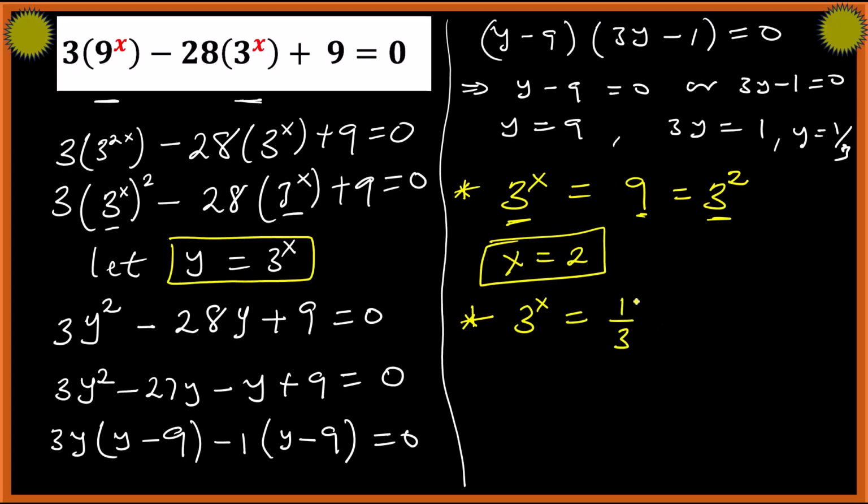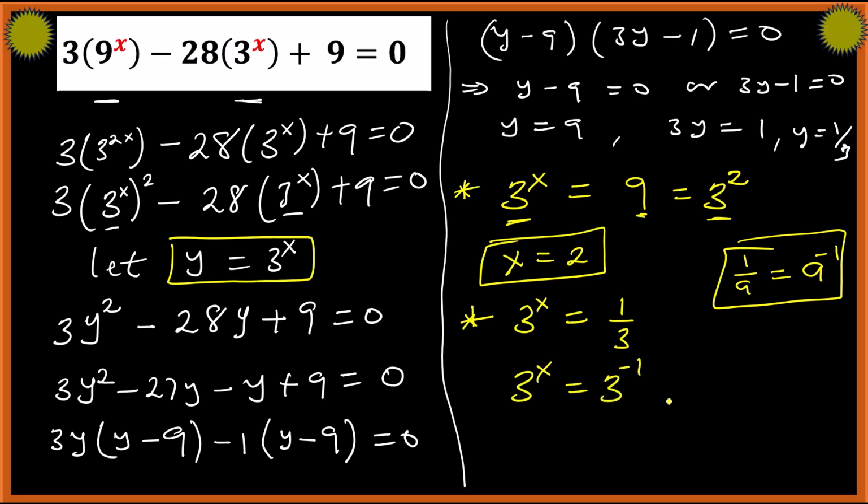So we need to change this one. 1 on a is the same as a raised to negative 1. So don't forget this property. So 3 raised to x is the same as 3 raised to negative 1. Therefore, x is the same as negative 1.